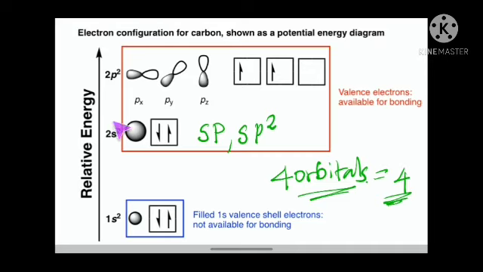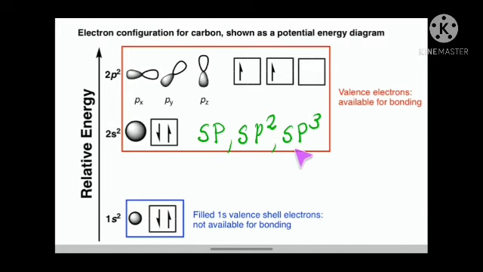Or else this s orbital could hybridize with 3 p orbitals and create sp3 orbitals. So there are 3 ways a carbon atom could form 4 bonds. Let me explain about it.